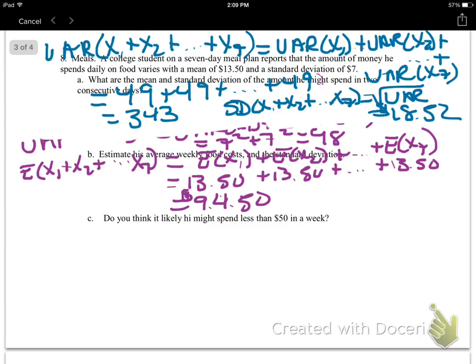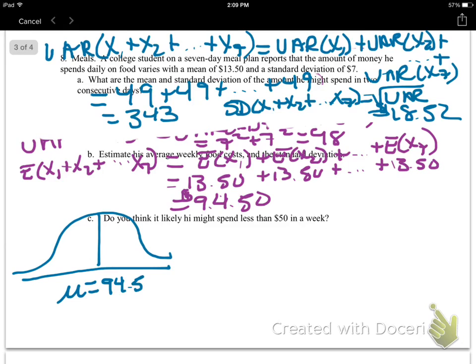Do you think it's likely that he'll spend less than $50 a week? So my mean is $94.50 with a standard deviation of 18.52. 50, jeepers, I doubt that.